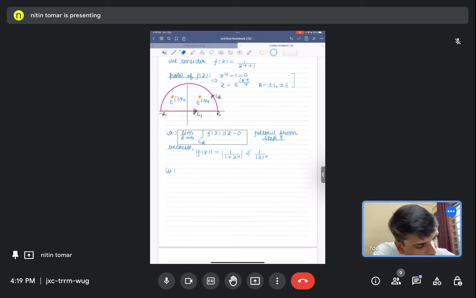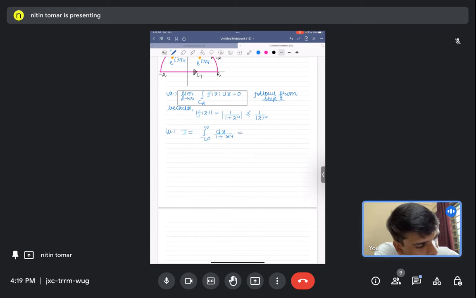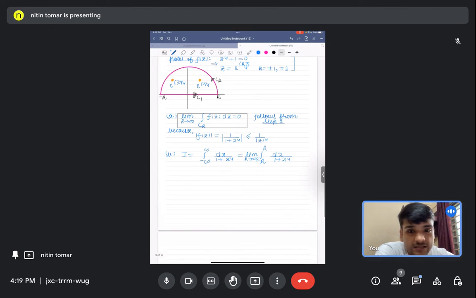Let this straight line be the curve C1. Now, what was I? I was minus infinity to infinity, dx by 1 plus x^4, correct? Now, can I say that this is actually the integral from minus R to R of dz by 1 plus z^4, limit R goes to infinity, where z is x plus iota y?